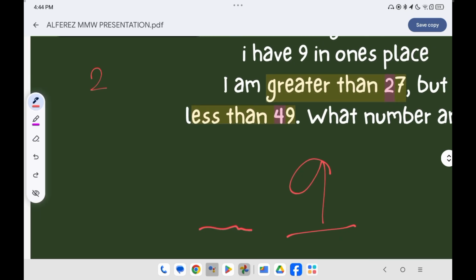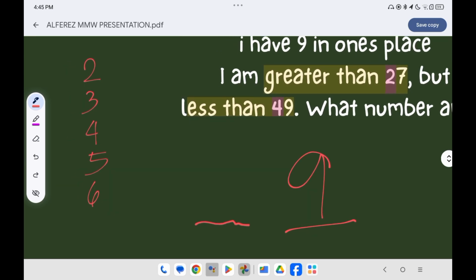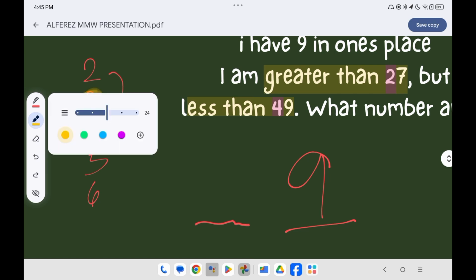Let us start with 2, 3, 4, 5, 6. Based on the list, what is the number greater than 2 and less than 4? Yep, you get it. So the answer is number 3.